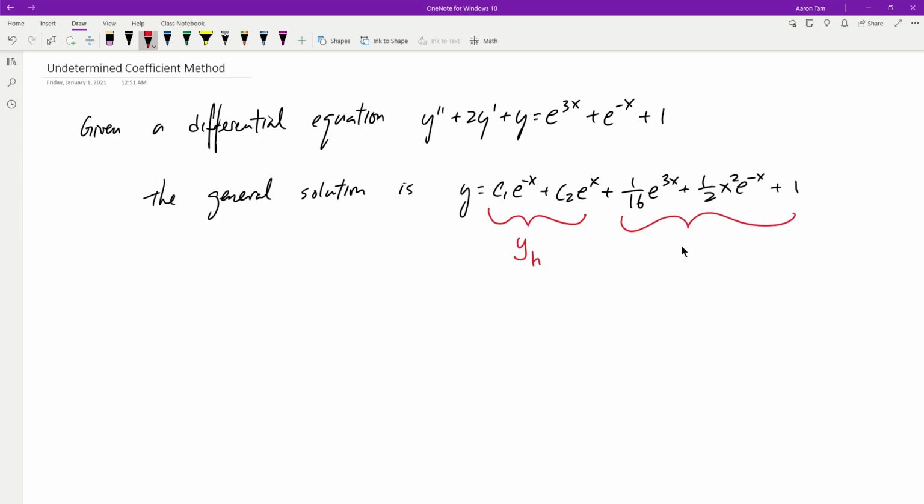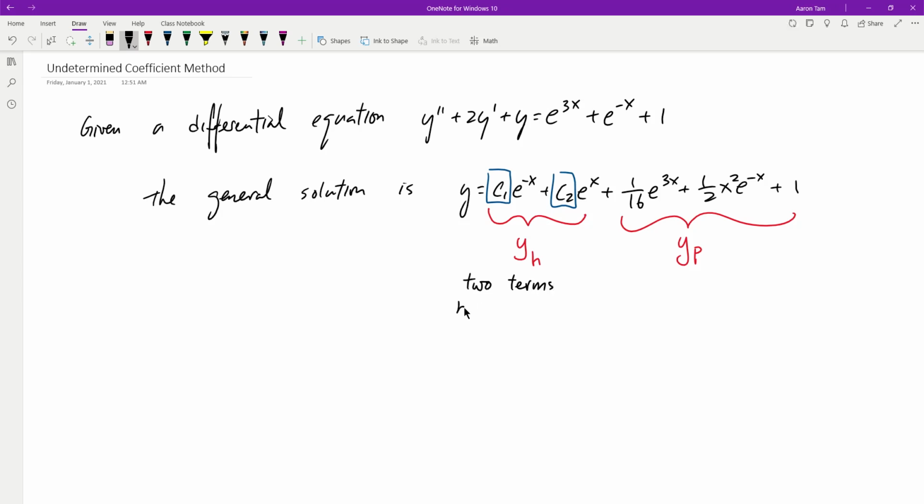And then this is technically our y sub p, our particular solution. In my homogeneous solution, there are two non-specific coefficients for two terms. So pay attention to the following: this y sub h has two terms.